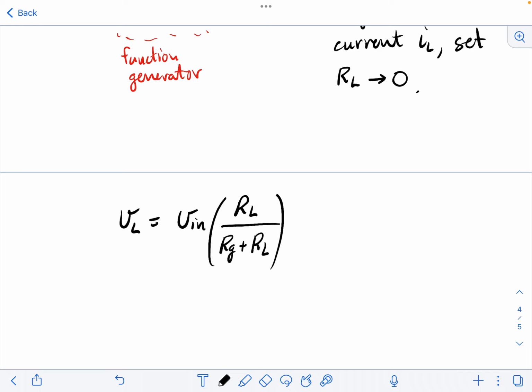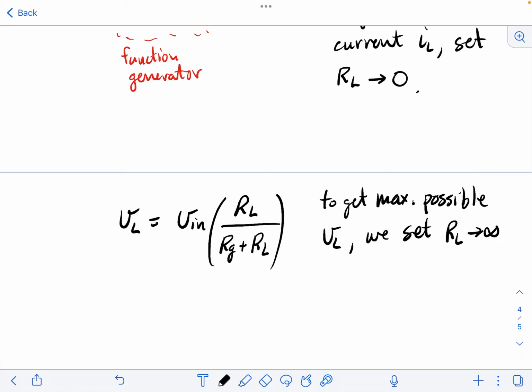The way I make that as close to 1 as possible is by making RL very large so that RL dominates RG in the denominator. And so to get the maximum possible voltage across our load resistor, we set RL to be as large as possible. So we make it as close to infinity as we can.